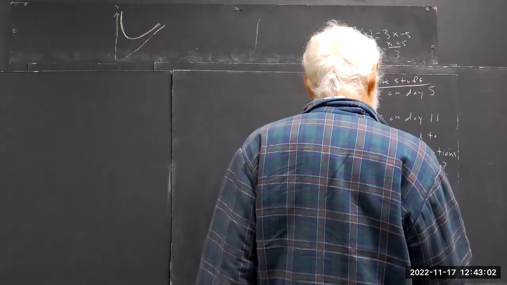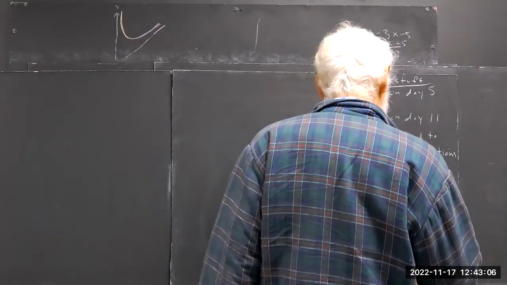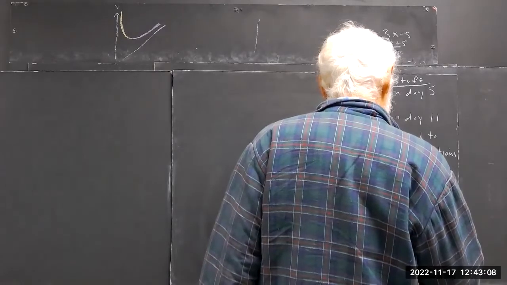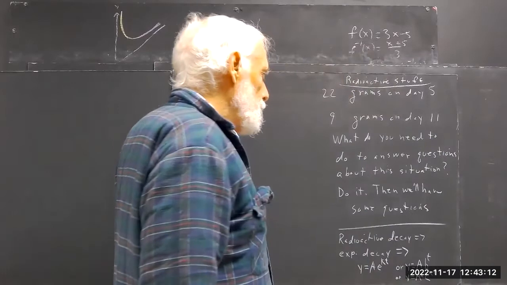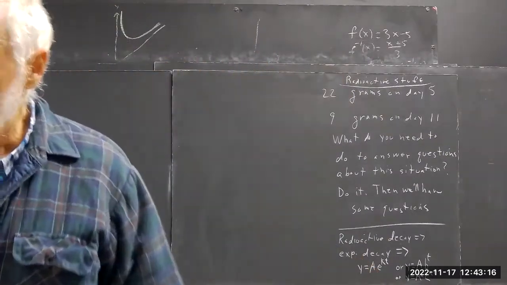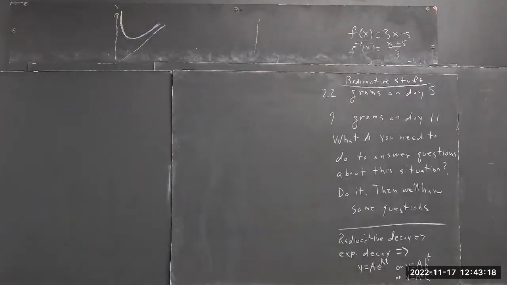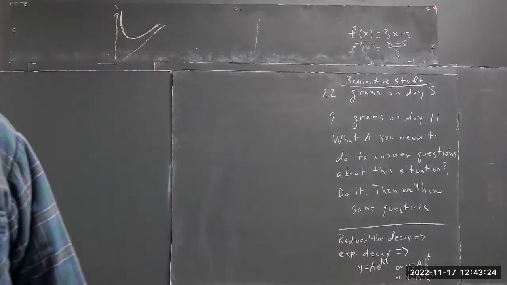Or even y equals a times 2 to the kt. This is a perfectly valid form. And in some cases, if you're trying to deal with half-lives and so forth, that third one is actually the preferred form.